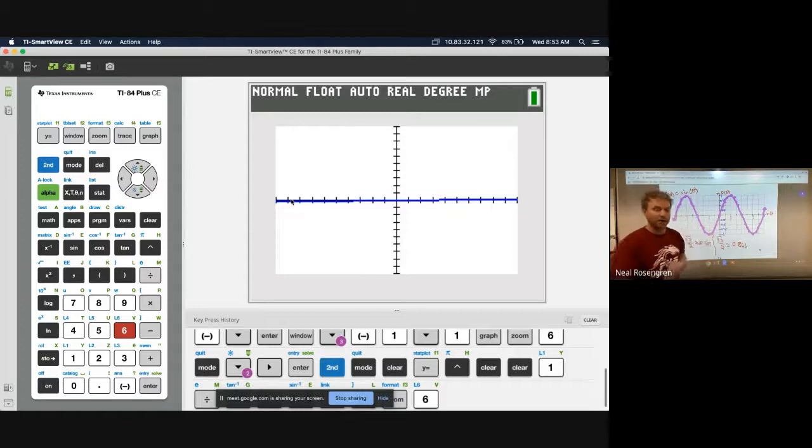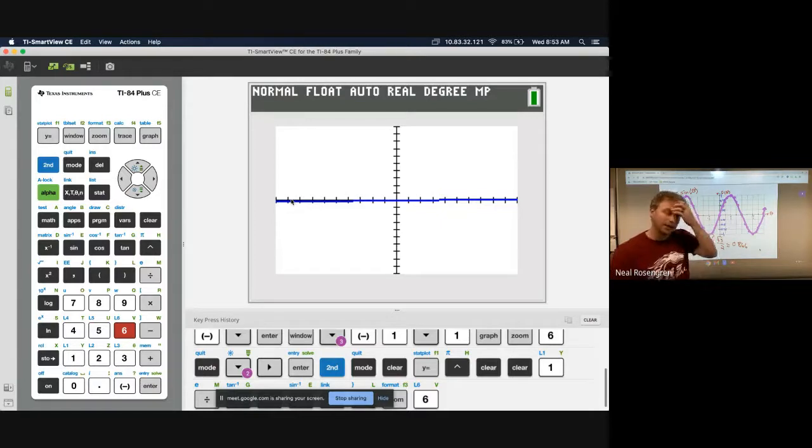Obviously, that graph, sine of theta, in Zoom Standard, for me, does not look like this one. Can anybody figure out why my graph is screwed up?